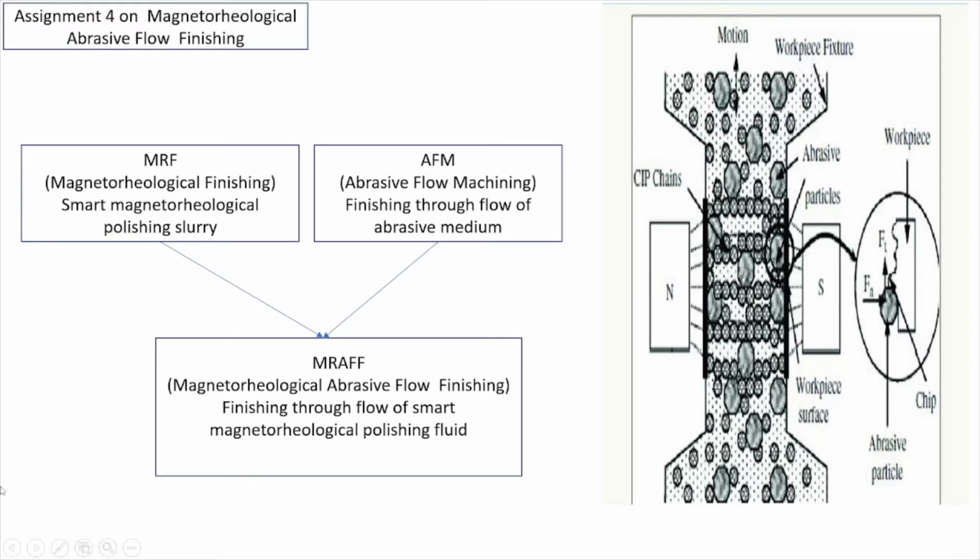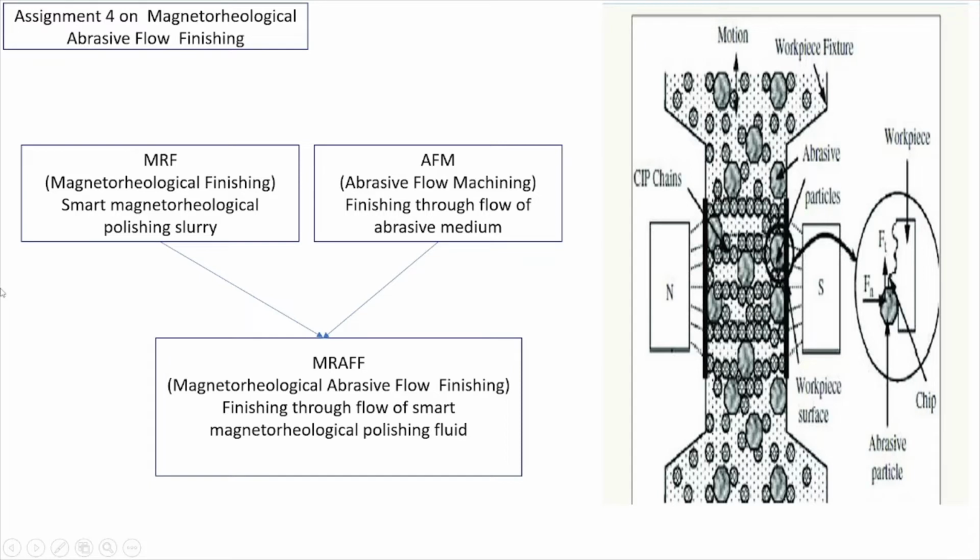But they didn't see that much change in surface roughness during the finishing process. In the MRAFF process, the MR fluid is extruded through the workpiece passage, which is to be finished, utilizing two opposed cast iron cylinders where the fluids are present, under the presence of an external magnetic field.